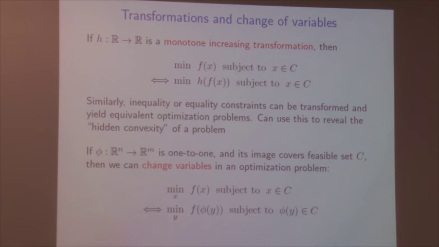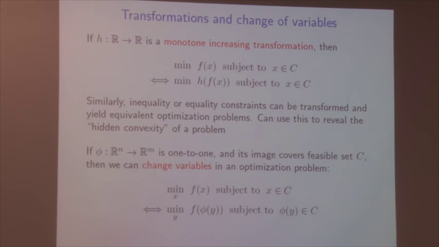But a function would still be convex even if it were not real valued if I applied a monotone increasing transformation to it. So you guys have done that. Can you think of an example where you apply an increasing h to f? Log likelihood. That's right, log likelihood. When we do maximum likelihood estimation, sometimes we just take the log because that makes everything better. So that's something that you guys are probably familiar with doing.